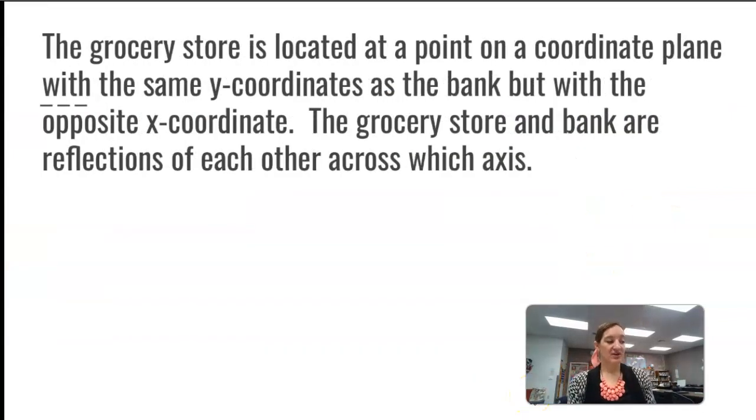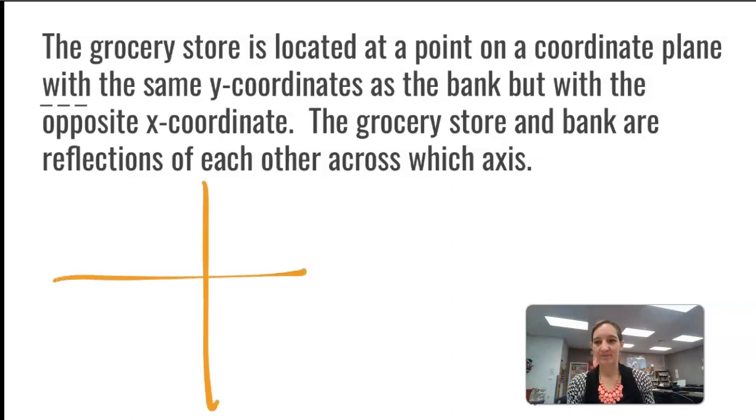The grocery store is located at a point on the coordinate plane, so there's my coordinate plane, with the same y coordinates as a bank, but with opposite x coordinates. The grocery store and bank are reflections of each other across which axis? Ooh, we really got to think on this one, huh? Okay, so maybe I'll go like this.